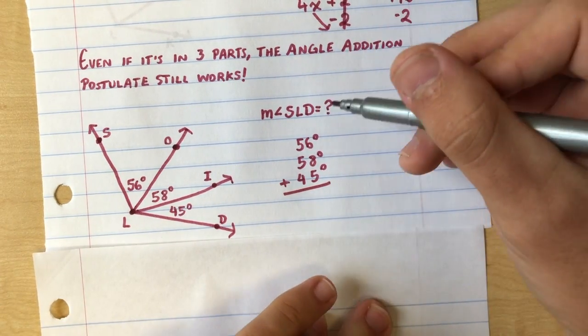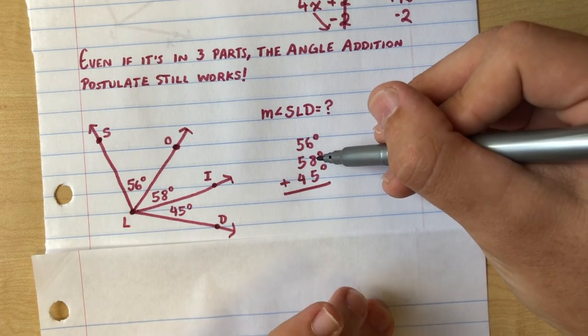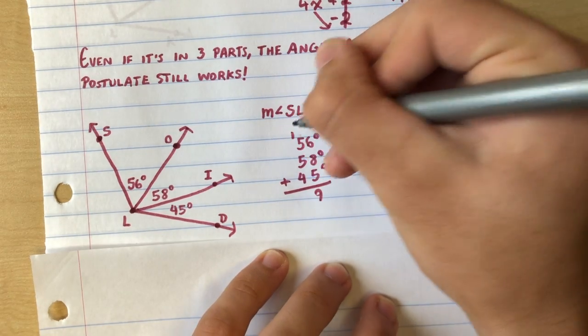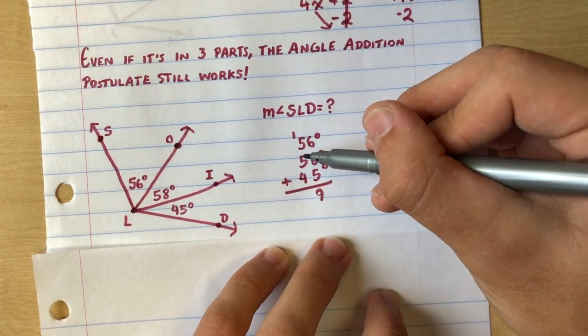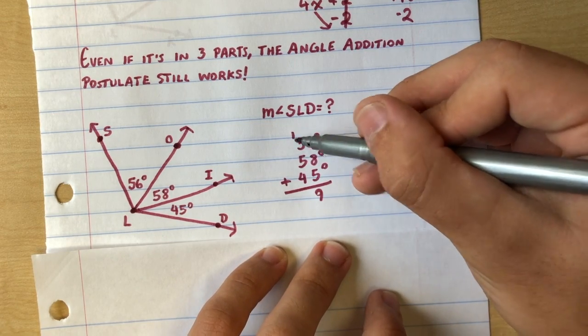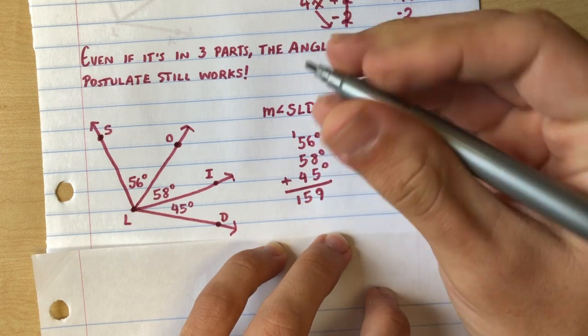So we know that 6 plus 8 is going to be 14, and 14 plus 5 is going to be 19. So we put the 9 here, the 1 here, and we keep going. 5 plus 5 is 10, plus 4 is 14, plus 1 is 15. So we have 159 here.